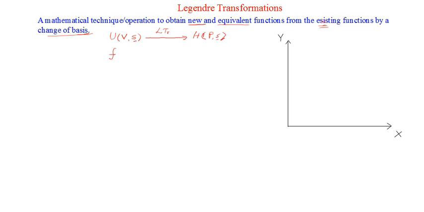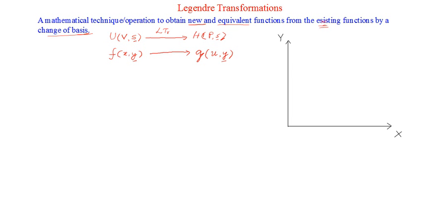Suppose you have a function of x and y, f(x,y). I'm converting this function f(x,y) into another related function, say g, g of some u, y. Did you note something? I have maintained y as the common basis or common variable in both the functions, right?